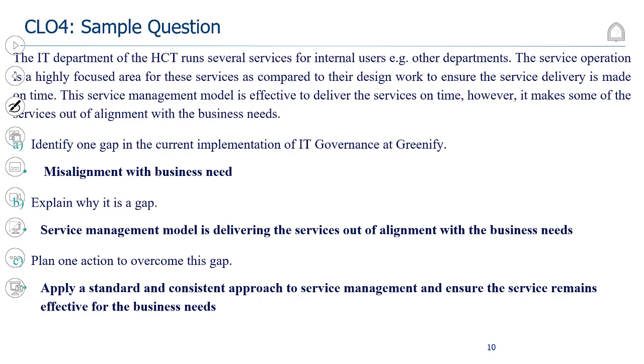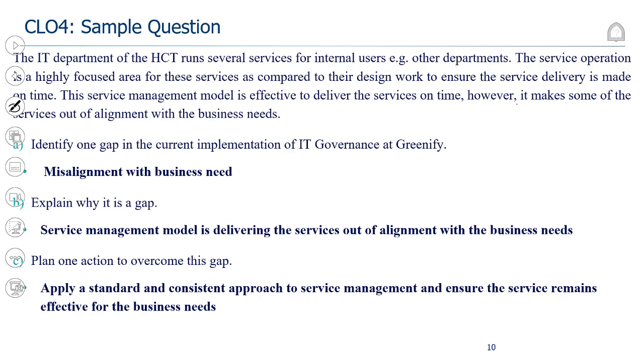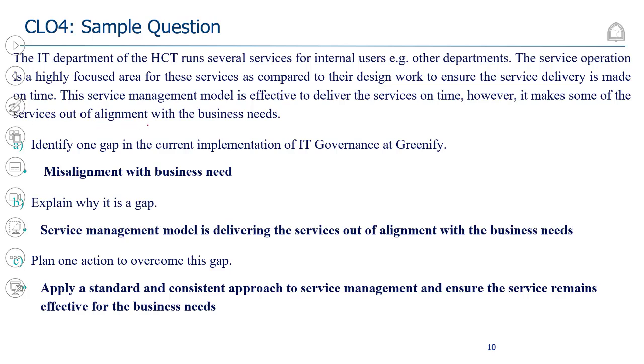They seem to be doing things so well. But the problem is here. That statement there is where they make some of the services out of alignment. It doesn't matter how well you're doing things, but if you're going to carve services which are not aligned with the business, then that's a problem. That's a gap, okay?